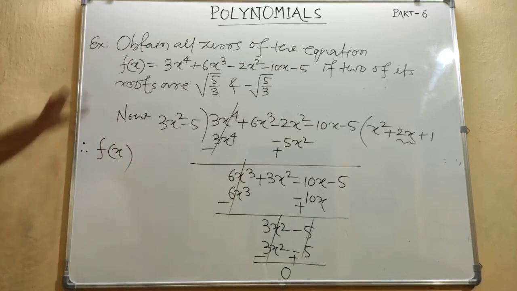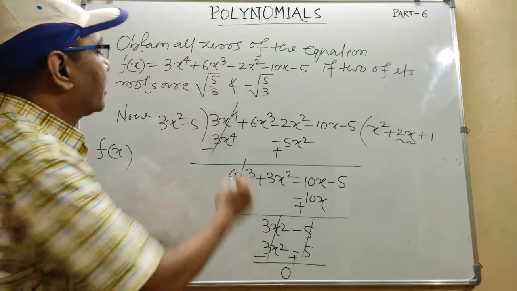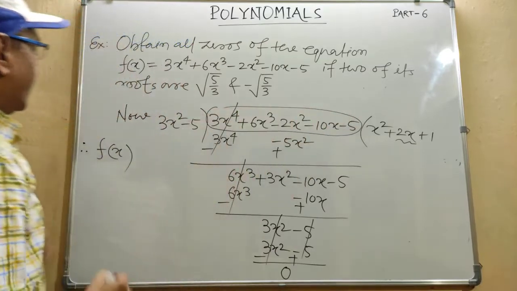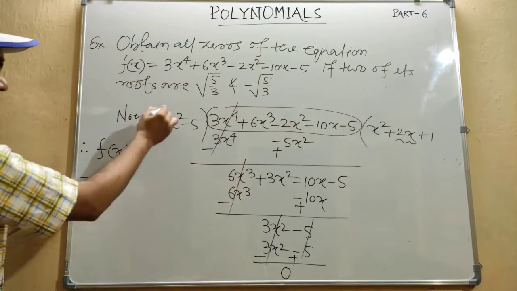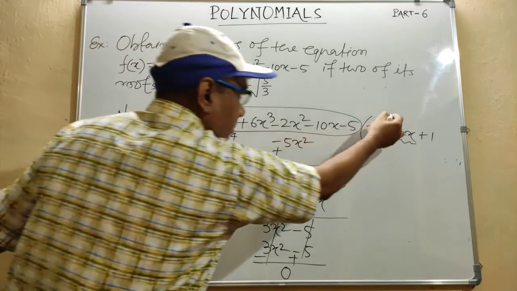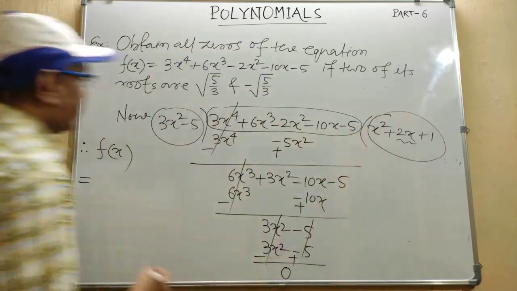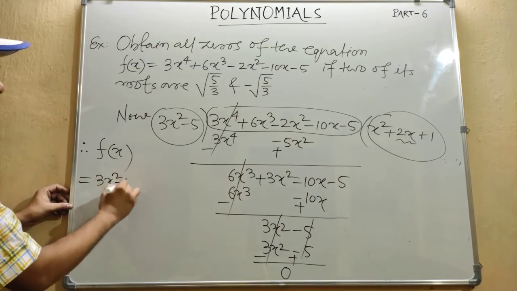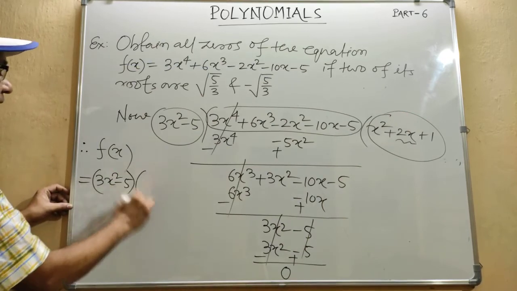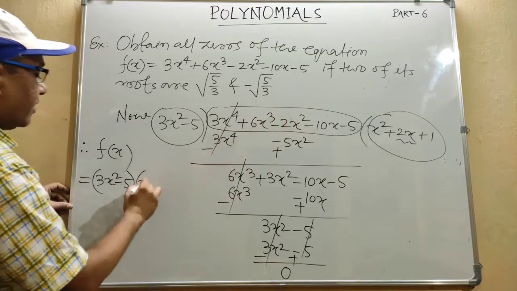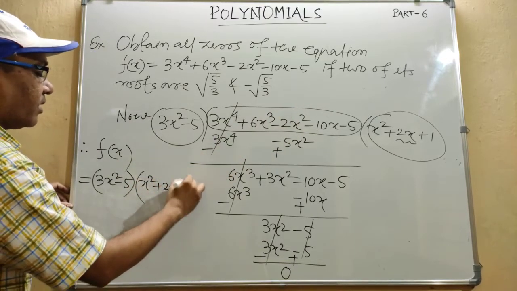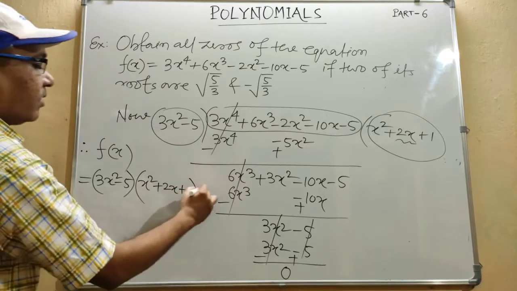This complete expression is your f(x). This can be written as this into this. It can be written as 3x square minus 5, which is one factor, and another factor will be x square plus 2x plus 1, equal to 0.